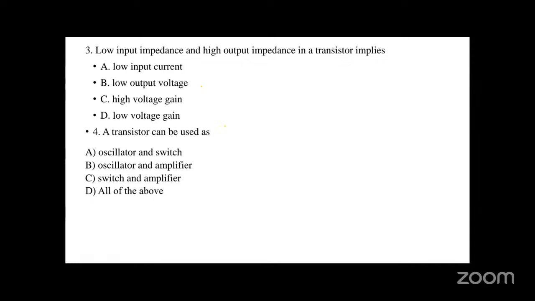Now, a transistor with a low input impedance and high output impedance indicates that it is most likely configured in a common base amplifier circuit. This configuration allows for a small input current to control a large output current, making it suitable for high frequency amplification with low input loading.